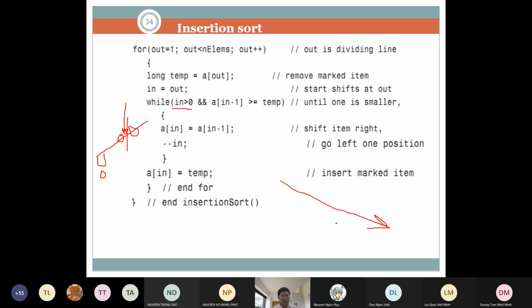Can we use this algorithm to sort the array in descending order? The answer should be yes. Of course, we need to update the algorithm, but it should be yes. For sure.